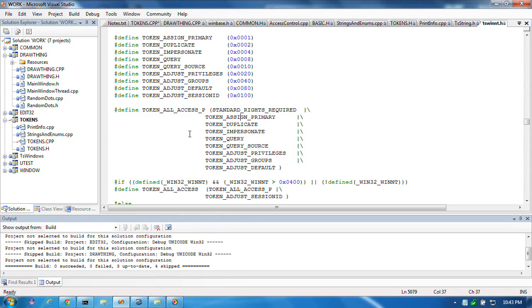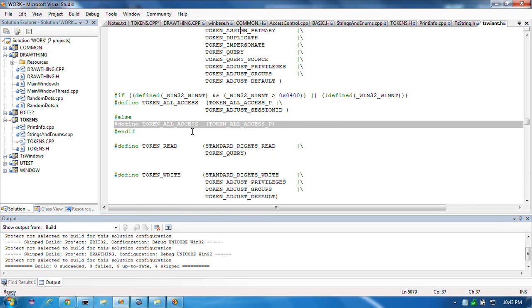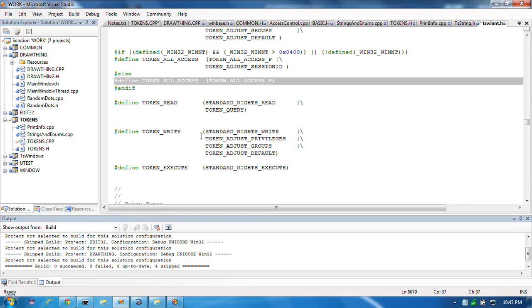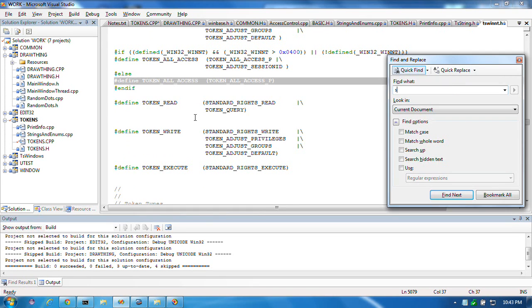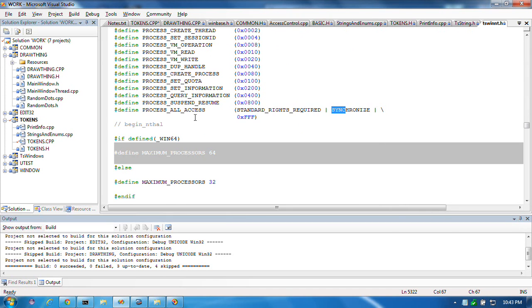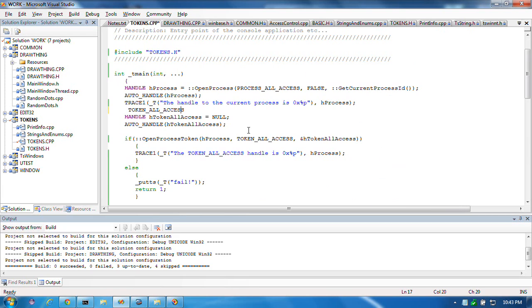Anybody see synchronize here anywhere? Sync. Oh, PROCESS_ALL_ACCESS. Is that what I asked for? Oh, that's why. I didn't ask for token all access.